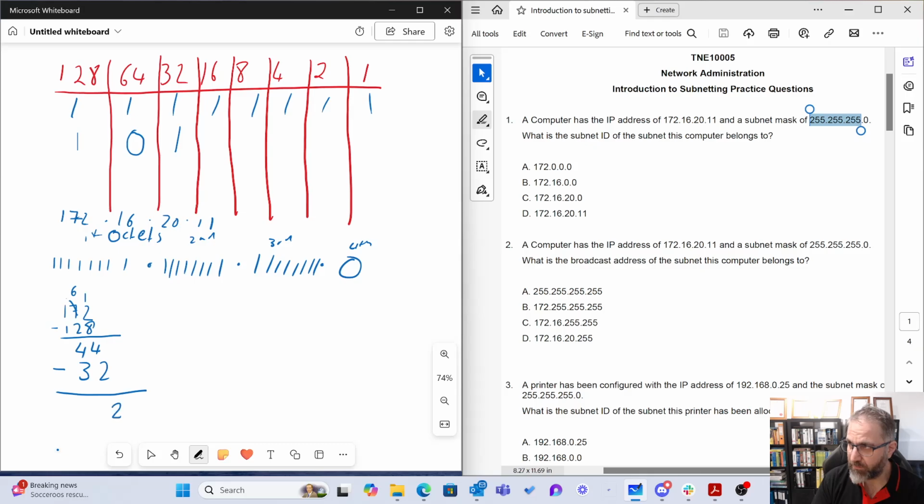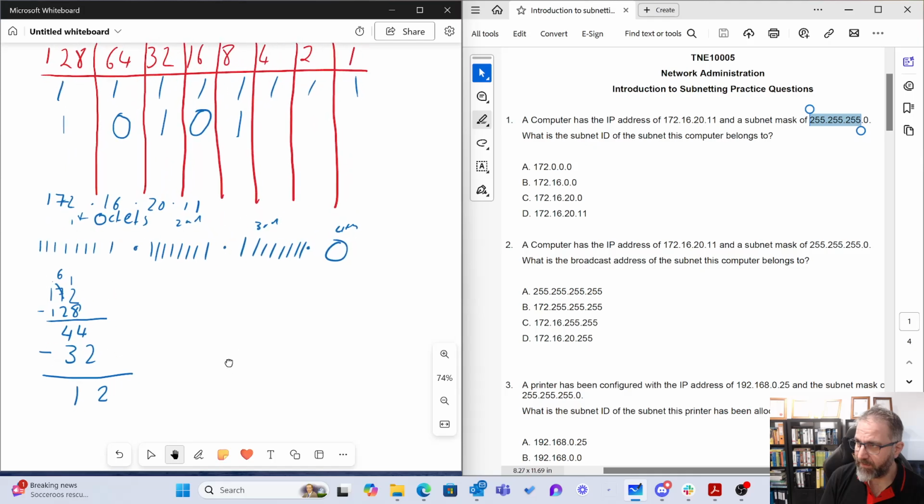And that becomes a 12. Is 12 greater than or equal to 16? No, it's not. So I put a 0. I don't need to take anything away from that. Is 12 greater than or equal to 8? Yes, it is. There's a 1. If I do that, that means I've got to do a bit of maths there. So now I take 8 away from that.